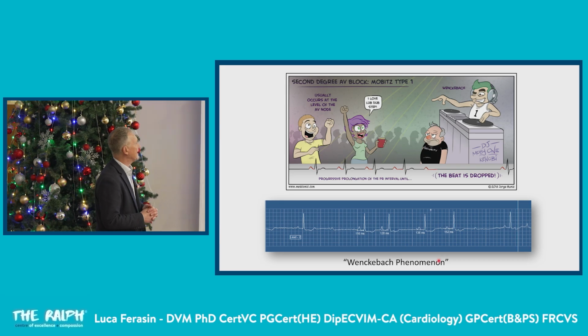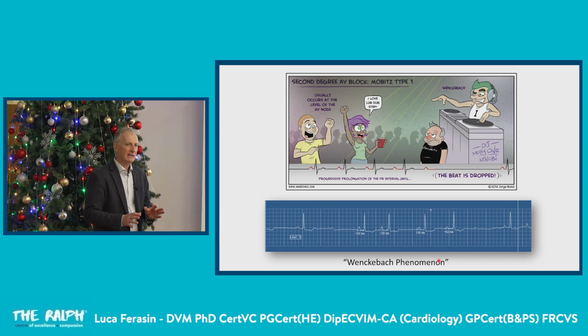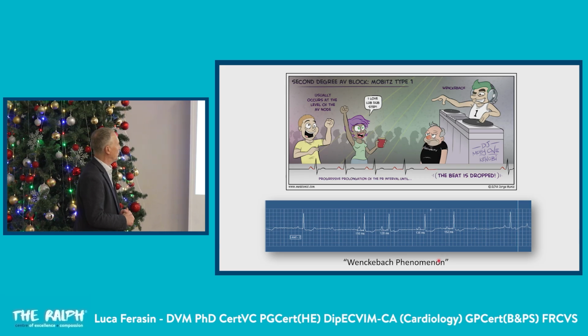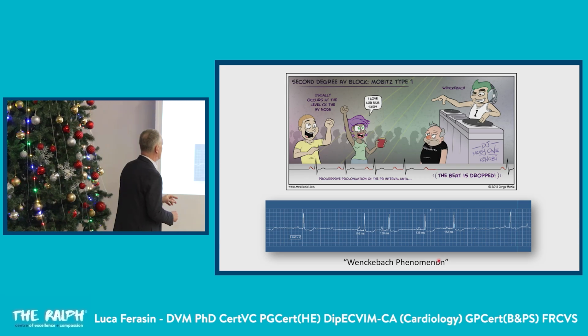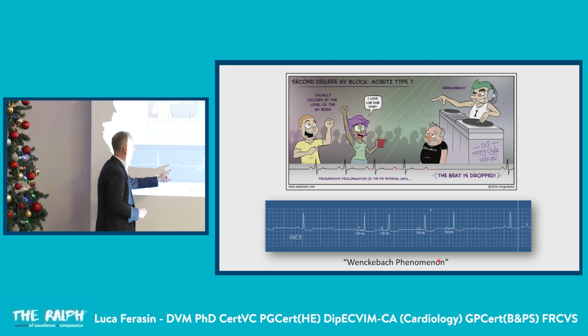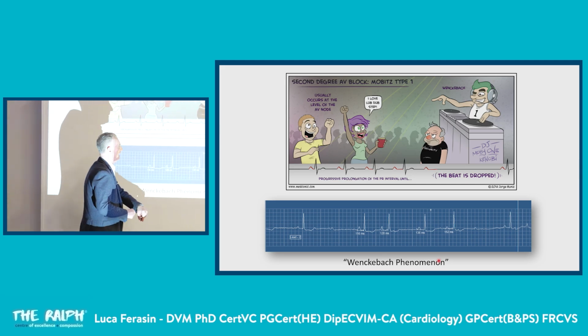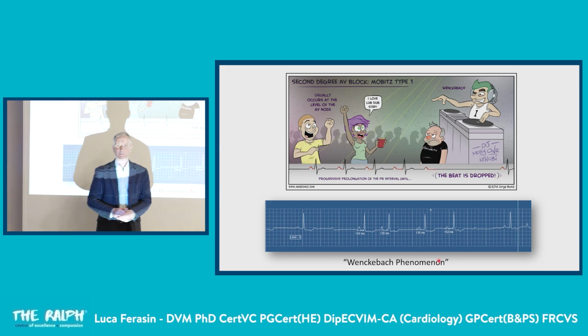Or we can have a second degree. This can be problematic, especially remembering the 2 subclasses of second degree. One is type 1, and one is type 2. Type 1, also called Wenckebach phenomenon, is characterized by a progressive prolongation of the PQ interval, longer and longer and longer, and then eventually we miss a beat.